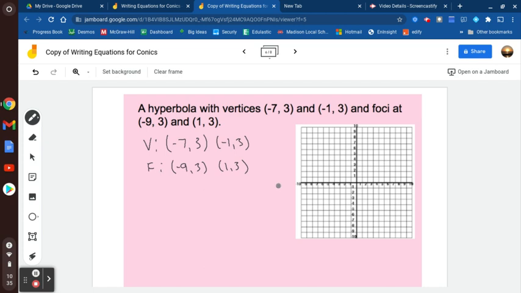No, because the center is the midpoint for all of those pairs. So just pick whichever one you want. I'm just going to pick the vertices. So -7 minus 1 divided by 2, 3 plus 3 divided by 2. So the center is -4, 3.